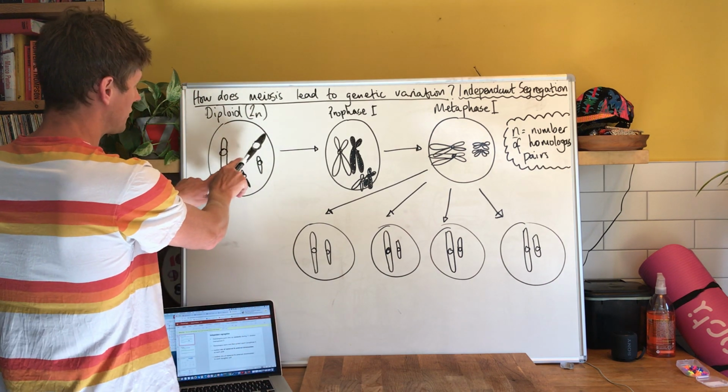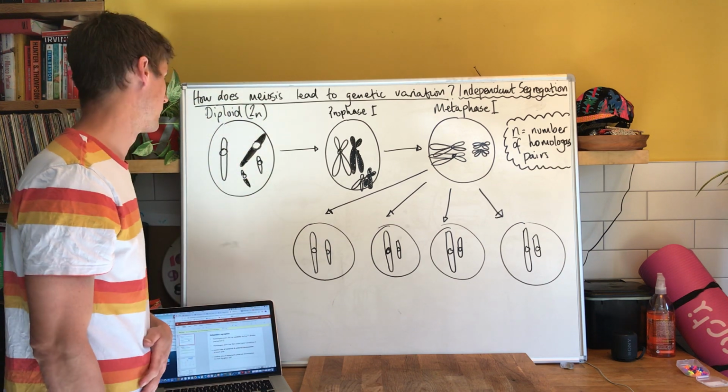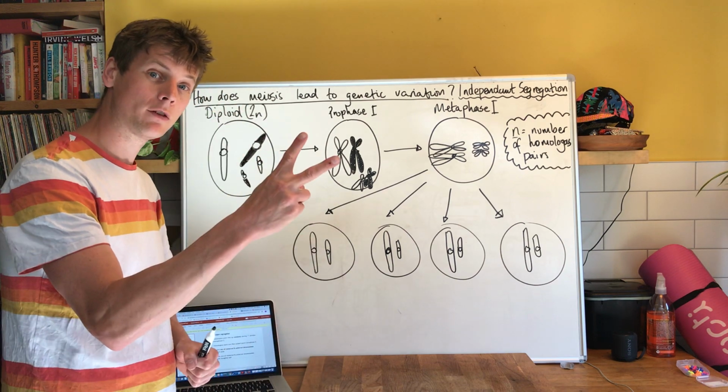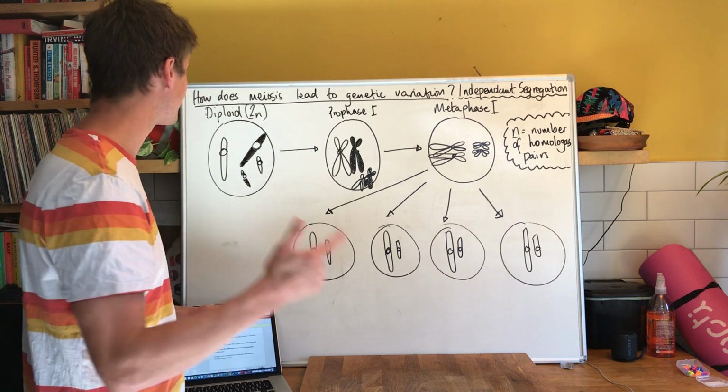You can see the longer ones that are a homologous pair and the shorter ones which are a homologous pair. Just to reiterate, a homologous pair is two chromosomes that contain the same genes at the same loci.